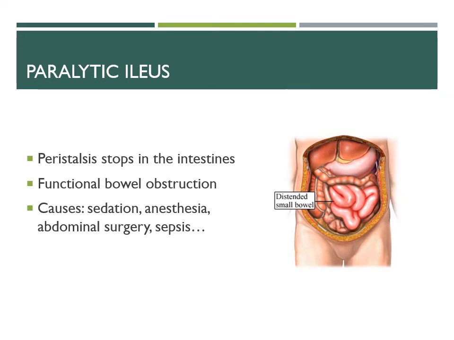And you can get a paralytic ileus from sepsis or a major burn. So it's not uncommon that we might see someone who comes in really sick and we think they have a bowel obstruction as well, but it's actually just the bowel has turned off temporarily from a paralytic ileus.